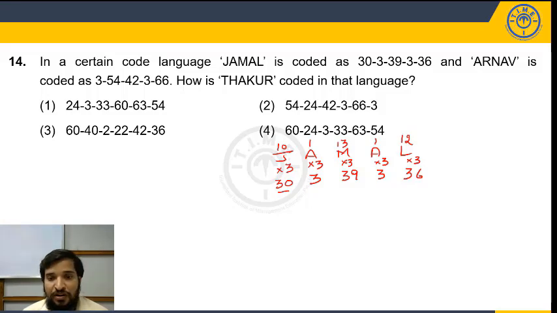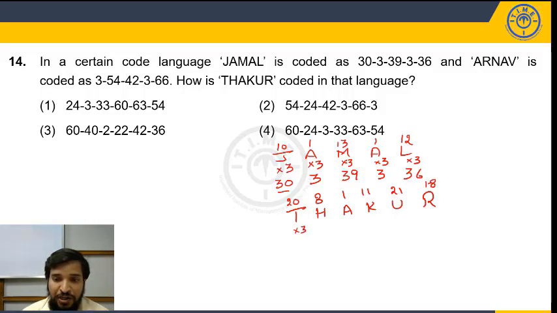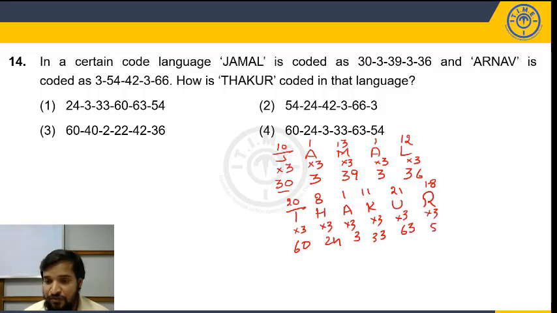Now he's asking the code for Thakur. T-H-A-K-U-R. Now T place value is 20, H place value 8, A 1, K 11, U 21, R 18. So 20 3s are 60, 8 3s are 24, 1 3 is 3, 11 3s are 33, 21 3s are 63 and 18 3s are 54.